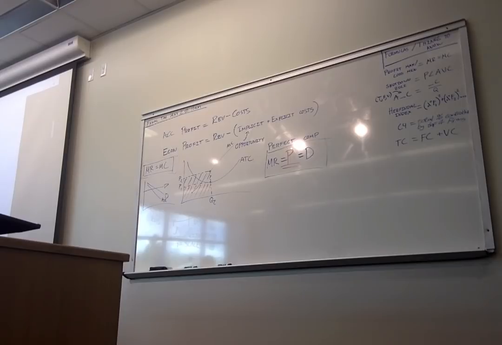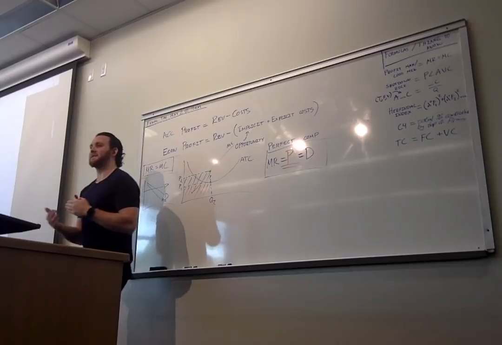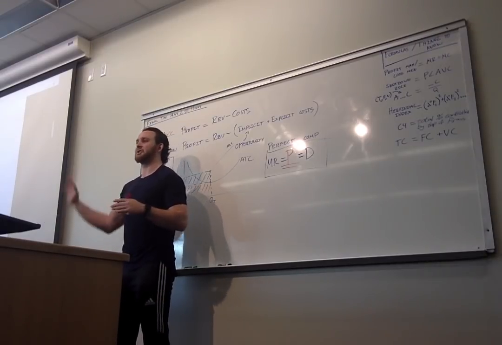The reason why sometimes you'll want to be operating at a loss even though you're losing money is this: if you're in the area between the average total cost curve and the average variable cost curve, you'll still lose less money by selling than you would by stopping. Because it means you're making more than your variable costs, so you're losing less than if you were to shut down completely.